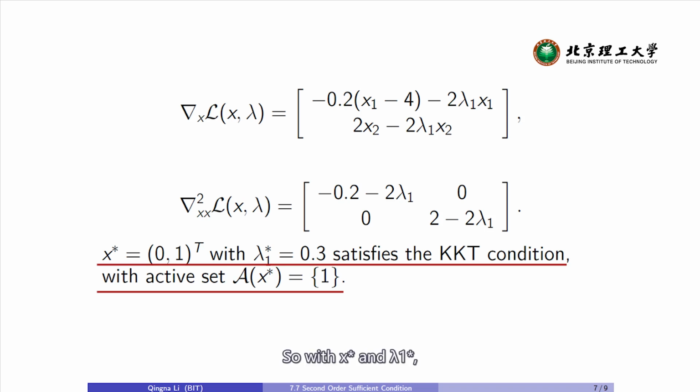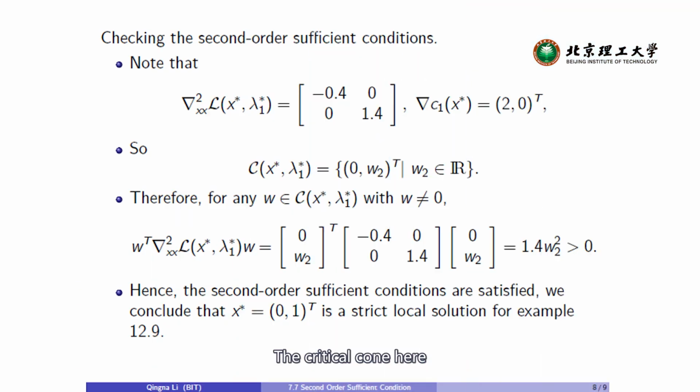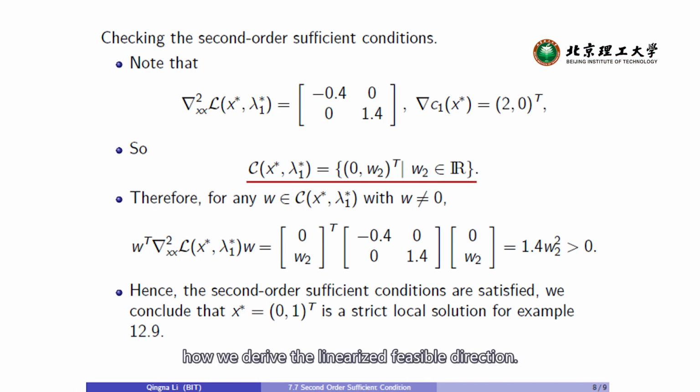With x star and lambda 1 star, we can characterize the active set. The active set is the inequality itself. Then we can characterize the critical cone. The critical cone is written down here; we skip how we derive the linearized feasible directions and give the critical cone directly.